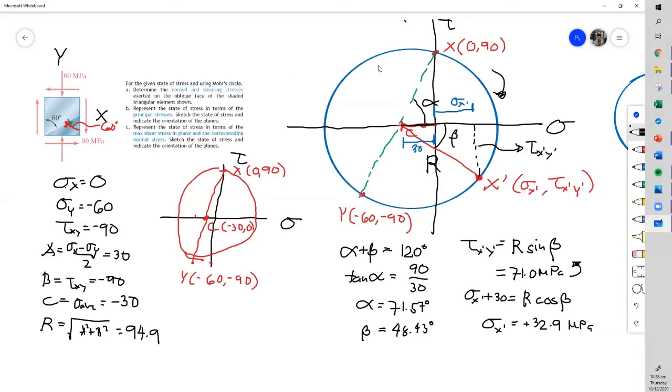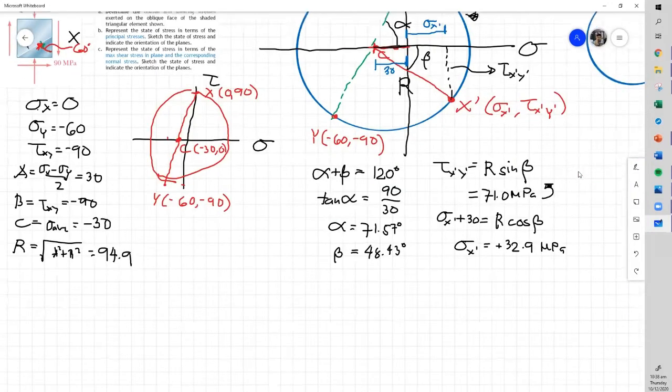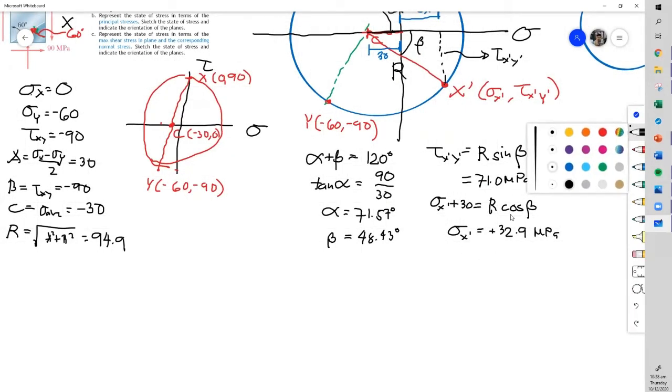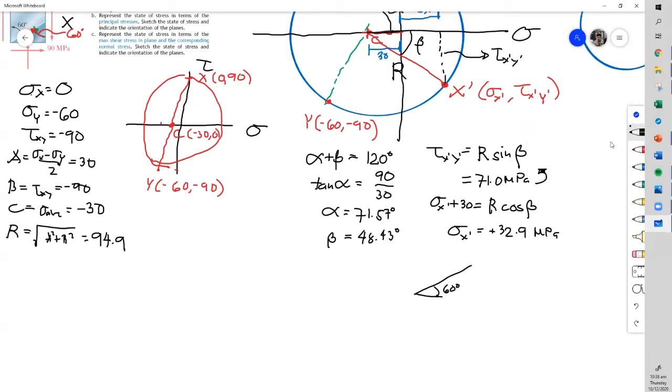So, we can plot that, we can illustrate that. So, sasabihin na natin na this is your axis, your plane. So, sabi natin ito ay 60 degrees. Now, meron daw sigma x prime na positive. So, dapat pag ganyan, positive 32.9.